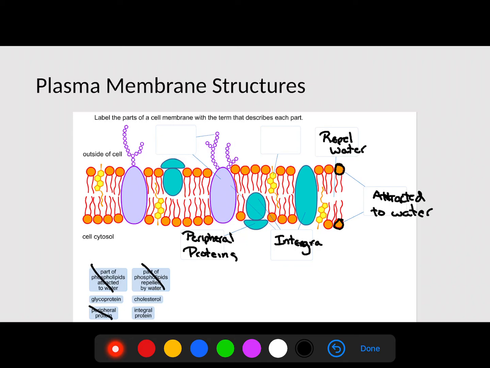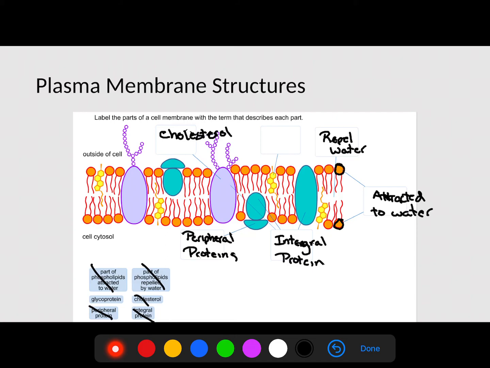Notice how these proteins go all the way through the entire thing. Now on the outside, these little dots, and again, those are ring-shaped sugars.